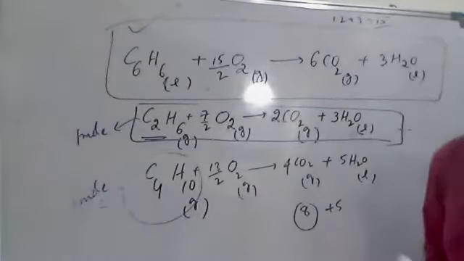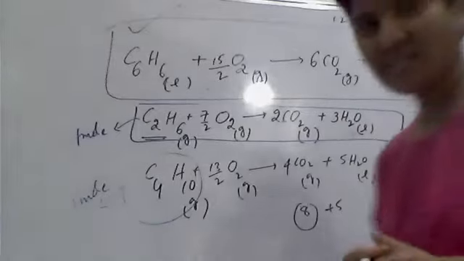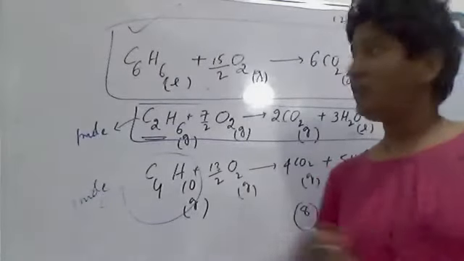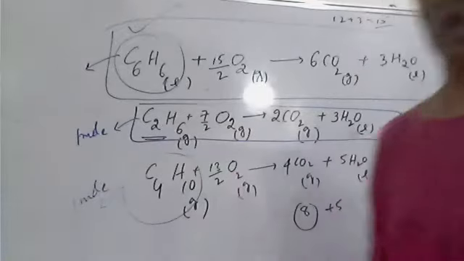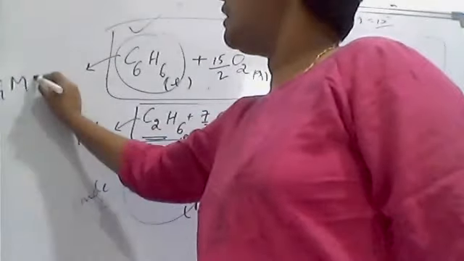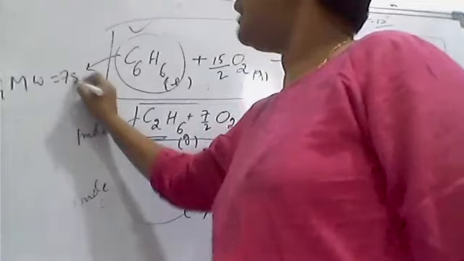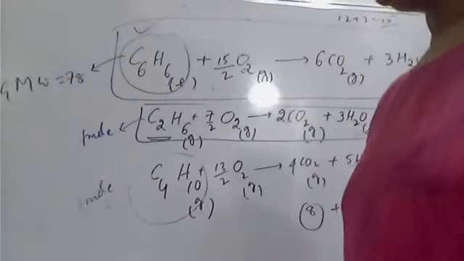Very interesting equation. Why? Because the gram molecular weight of benzene is 78. The benzene molecular weight is 78 grams.